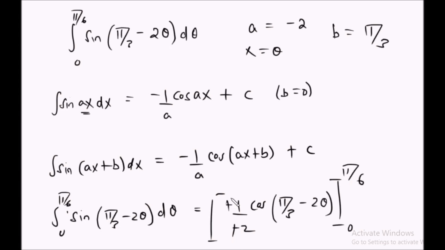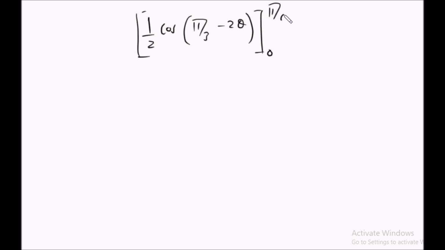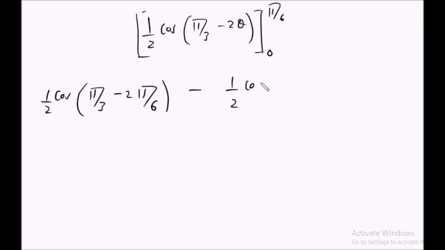So we have 1 over 2 cos of pi over 3 minus 2 theta from 0 to pi over 6. So I put these limits into theta, and I have 1 over 2 cos of pi over 3 minus 2 times pi over 6, minus, it's always minus, 1 over 2 cos of pi over 3 minus 2 times 0.